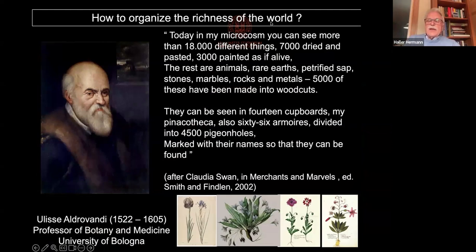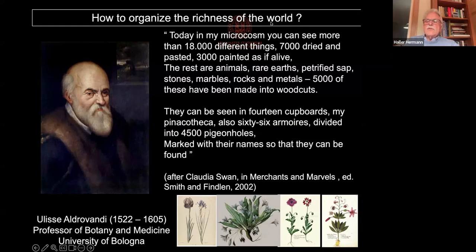We may have 18,000 different things in our houses, but we haven't counted them. And then 7,000 are dried and pasted, and 3,000 of them were painted as alive. You may remember that he has a whole group of painters painting all the stuff. So making these cabinets of curiosity into cabinets of science, a lot of effort.